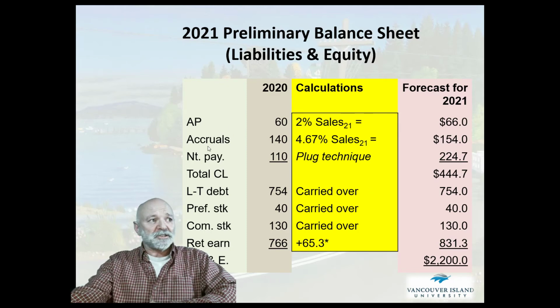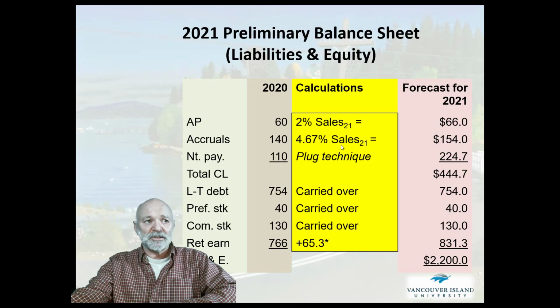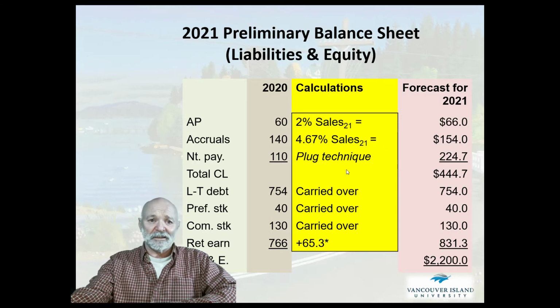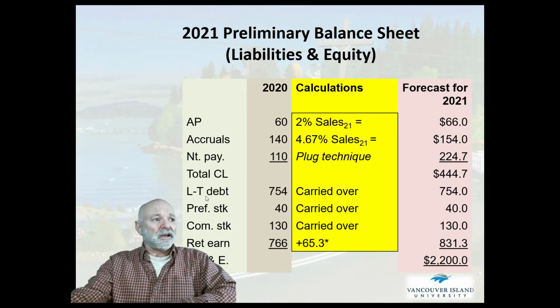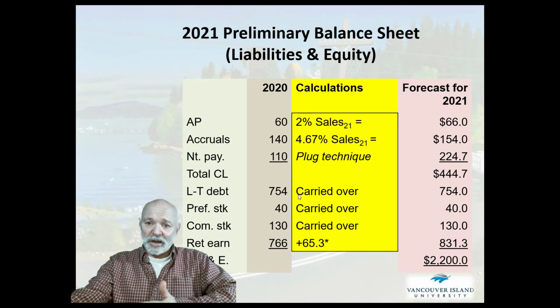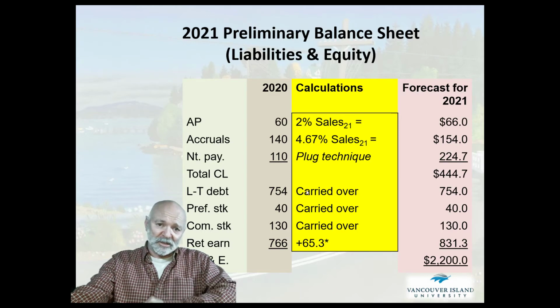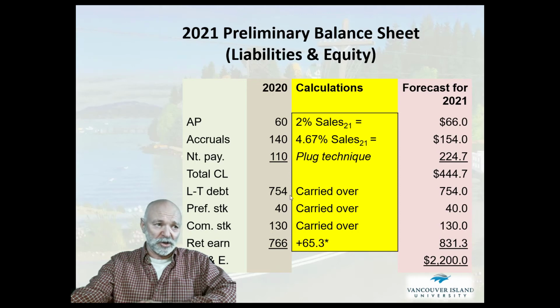Accounts payables, accruals, those were numbers that were given from our assumptions, from our past patterns, and we multiplied those by sales to get the values for accruals. Notes payable, something called the plug technique. So we're going to skip that one for now, and I'll show you exactly how that one works. Long-term debt is just carried over from the past because remember that's a discretionary number. We decide whether to increase it or decrease it.